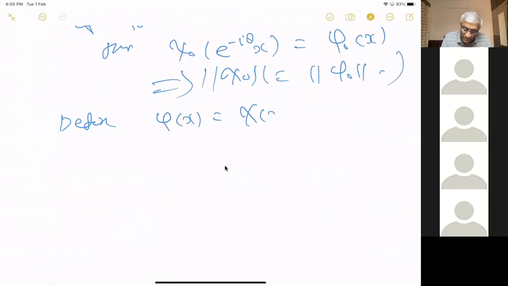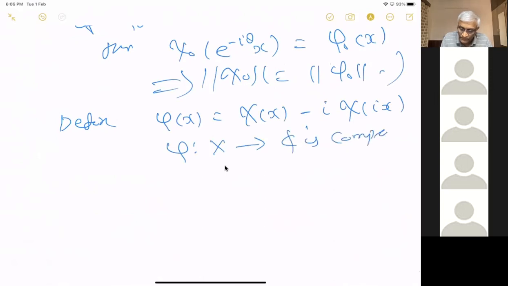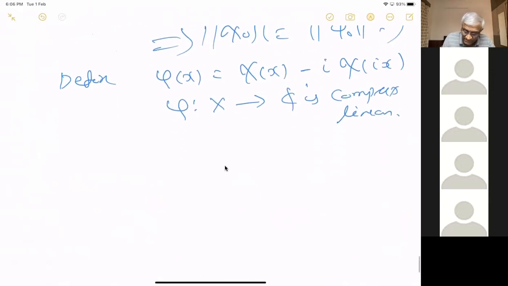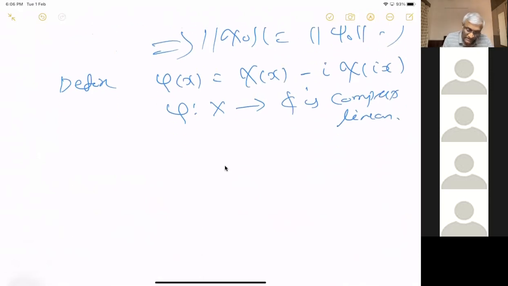So this is complex linear. So now phi from x to C is complex linear, and we want to prove that it satisfies the condition norm phi is less than or equal to norm phi naught. That's what we want to do.